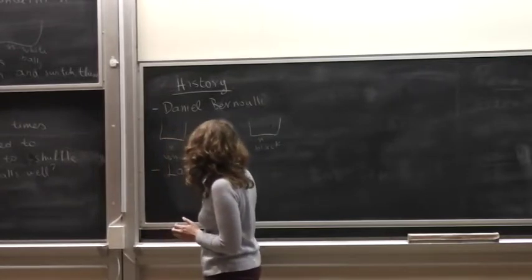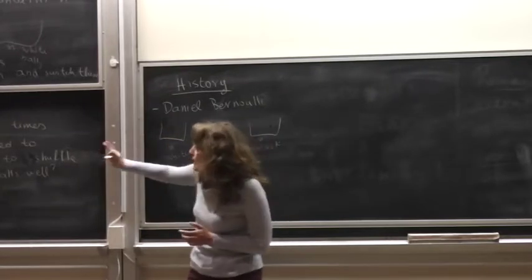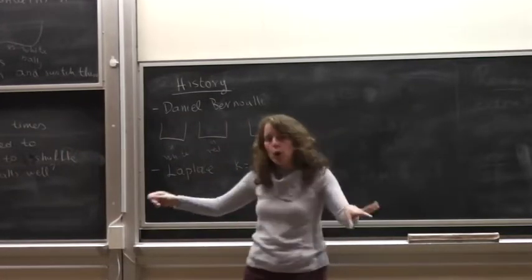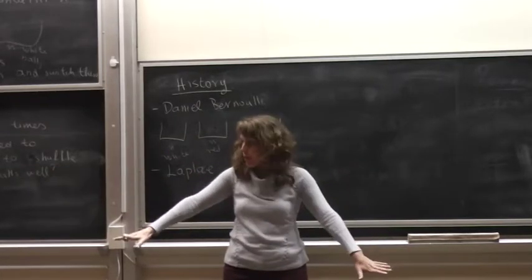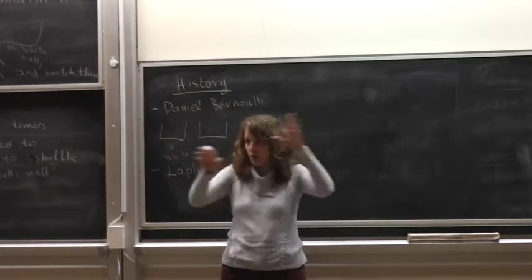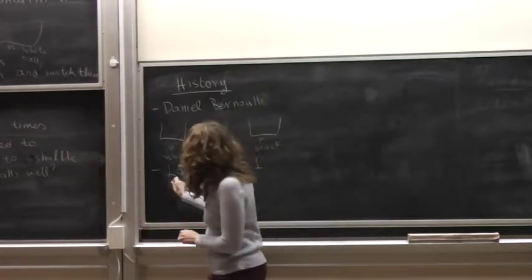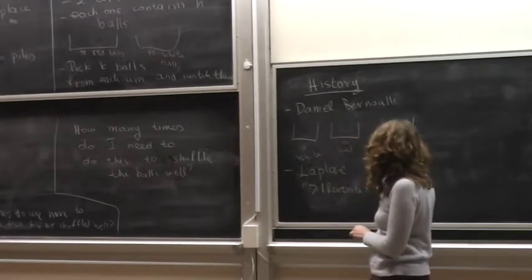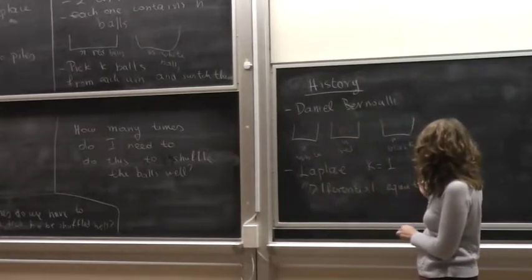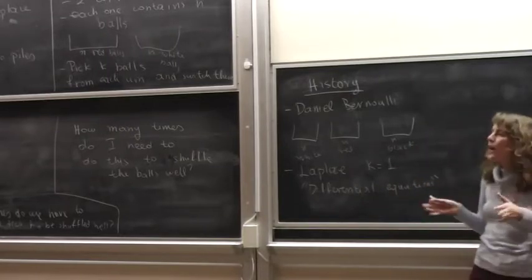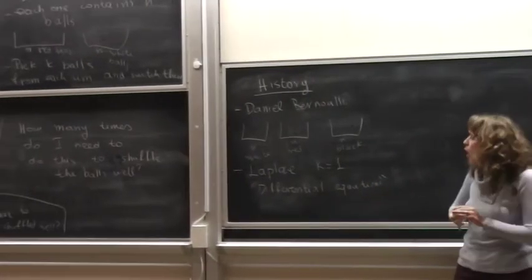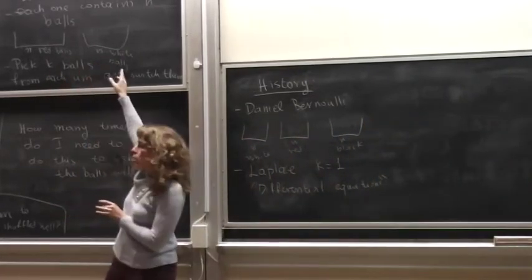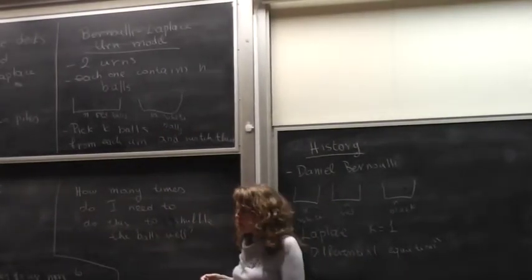Laplace actually studied this specific problem for k equal to 1. So now you have 2 urns, and white balls and red balls. You just pick one and you switch. And he used some differential equation method to say what is the distribution of the number of red balls, say on the second urn after these steps.